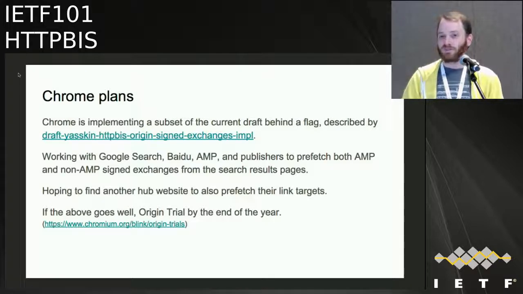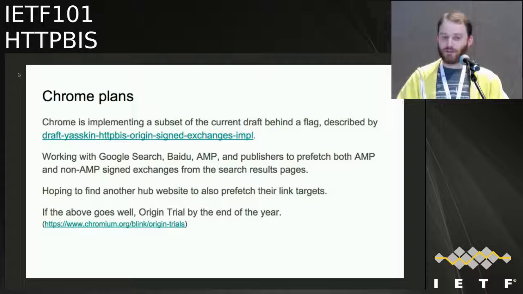So right now, Google Search prefetches AMP content from the AMP cache when you get it in a search result. This allows us to preserve the URL and prefetch also non-AMP content. And so we're trying to demo that around May.